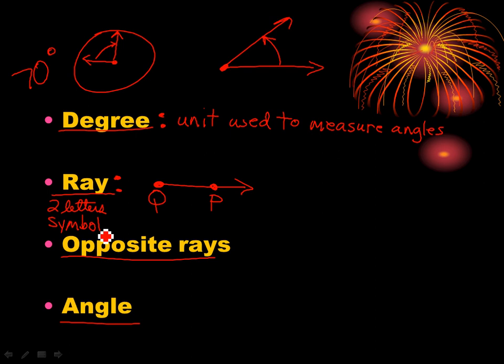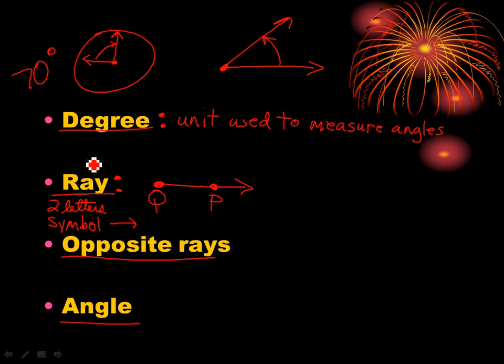A little line. What's the symbol for a segment? A little segment. What's the symbol for a ray? A little ray. So it looks something like that. We use two letters, little ray.